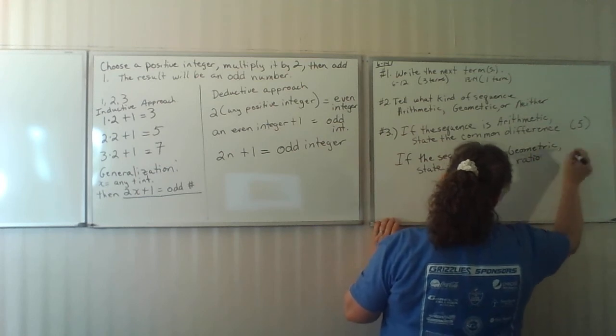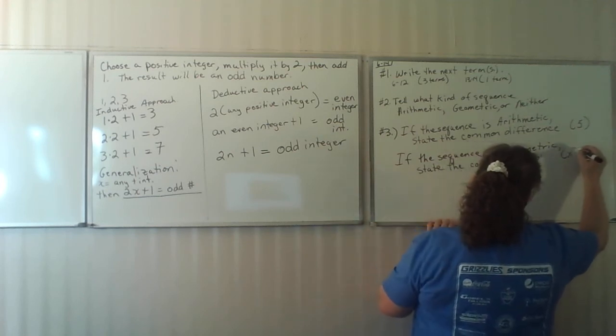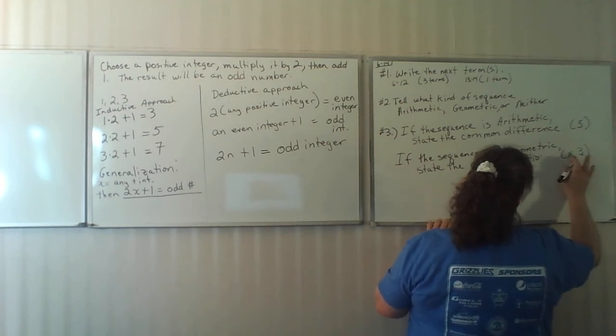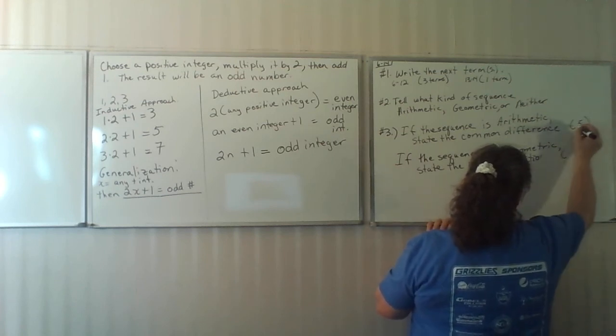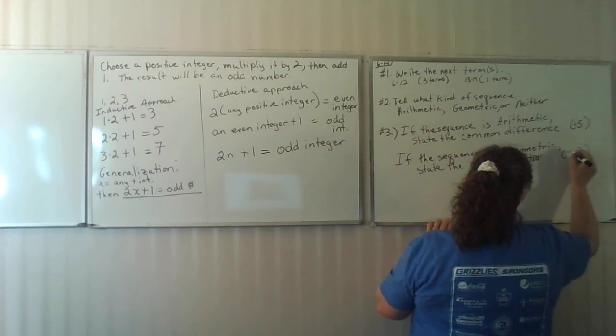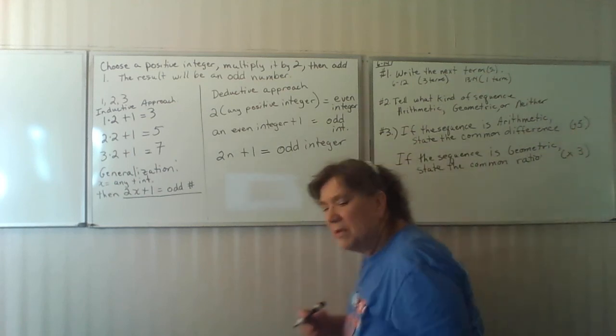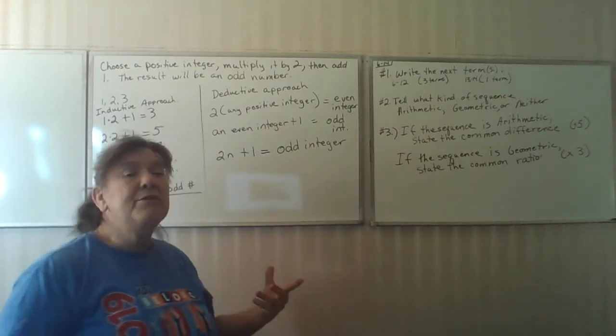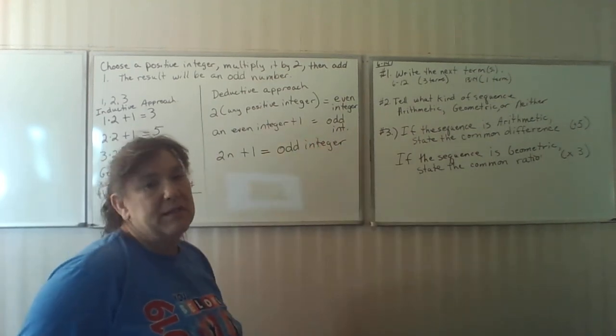And remember, the one we did, it multiplied by 3. That was our ratio. This was a plus 5, and this was a times 3. You multiplied the previous term by 3. If it is neither, you have neither one of those possibilities.